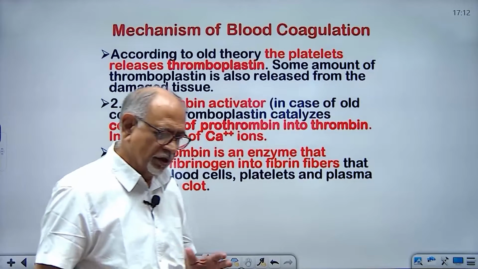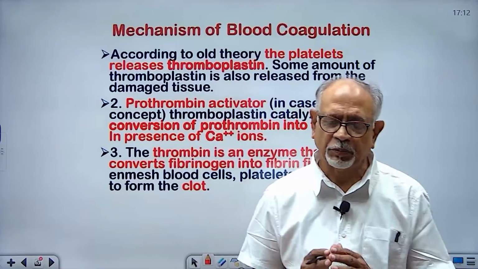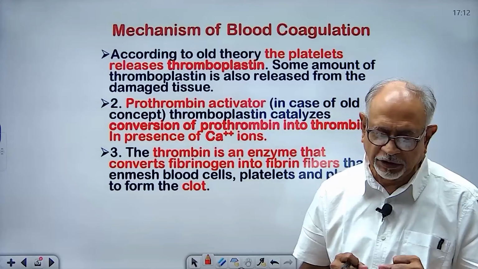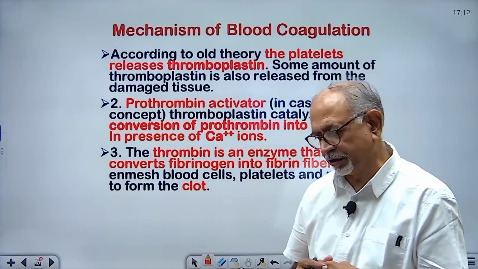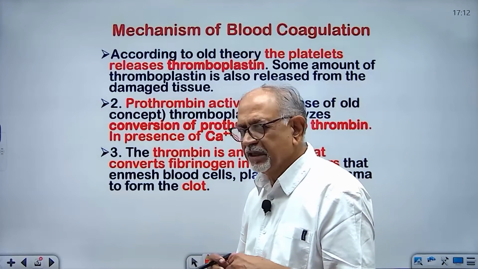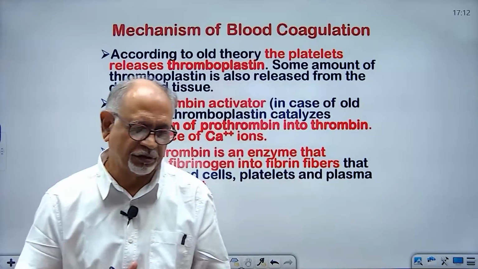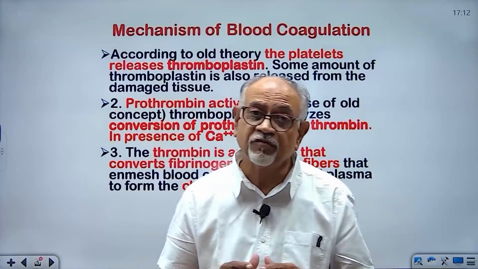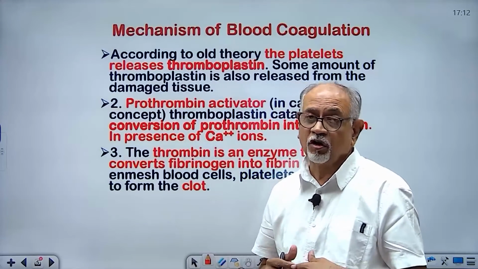Now, if we simply want to understand the phenomenon of blood clotting, then there are three basic factors. Number one is a protein found in the blood plasma called Fibrinogen.